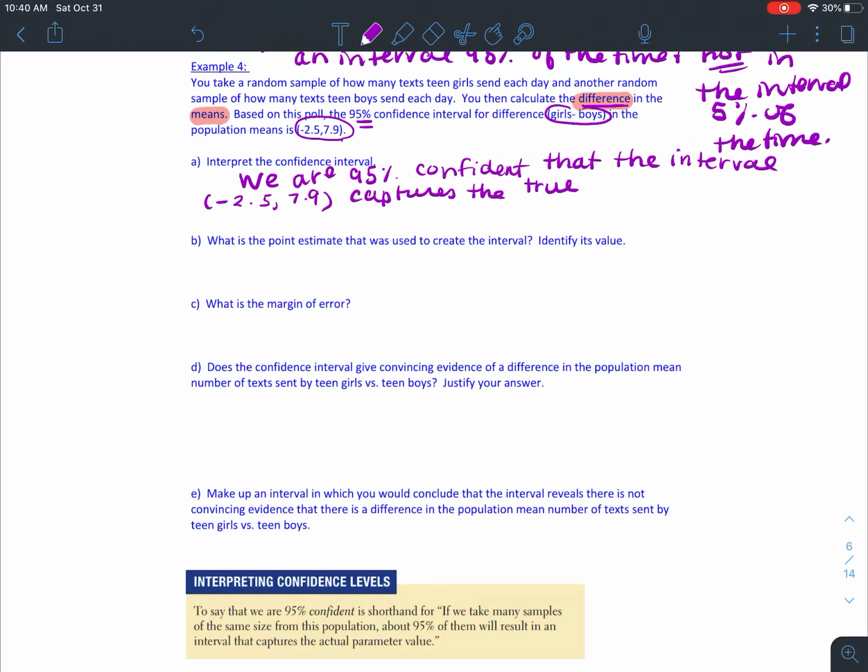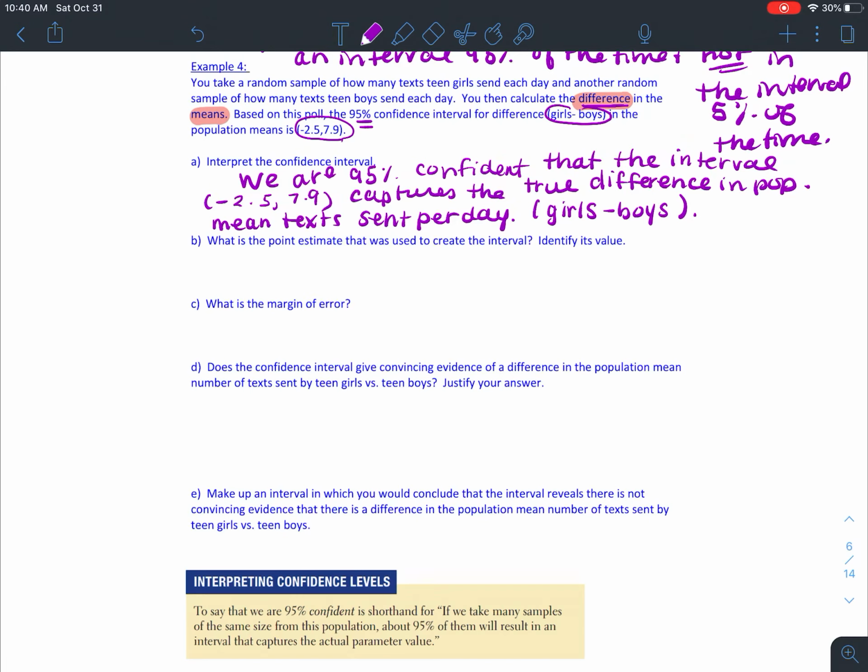It was based on the true difference, okay, the difference in population mean texts sent per day. And we should probably distinguish what the order of that subtraction is. And so I'm going to use really good communication here and just in parentheses say the difference was girls minus boys.